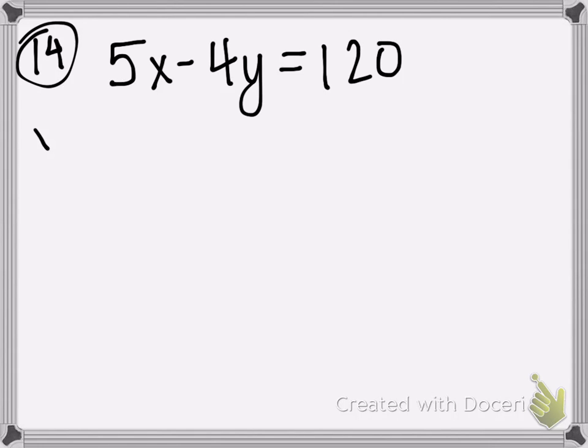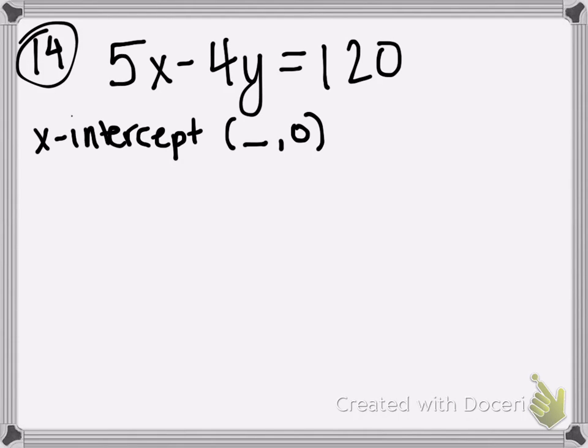X? Okay. So if we're looking for the x-intercept, we know that it's going to look like something comma 0 as our answer, which means that y is equal to 0. And again, you get about a 10-second head start to work this one.